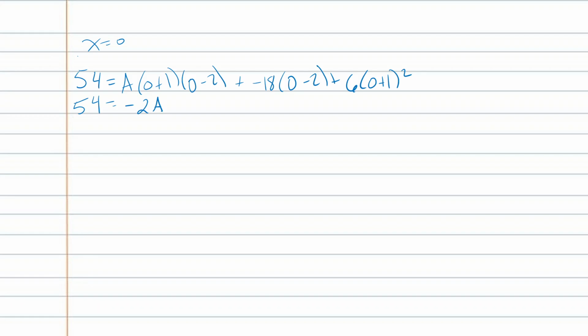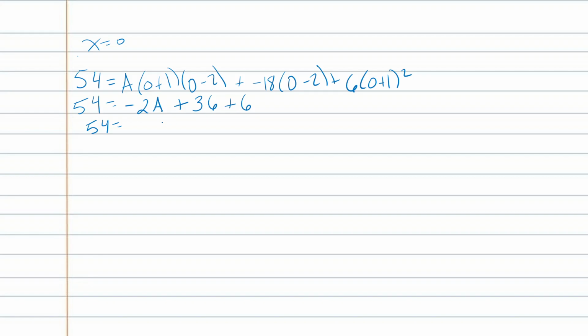But you've passed an algebra class to even be in this class, so a lot of times I'll combine very simple algebra steps. But you're more than welcome to take as many simple algebra steps as you need on your paper. Now I'm looking at negative 18 times negative 2. That's going to turn into positive 36. And then 0 plus 1 squared is 1 times 6 is 6. Okay, moving right along.